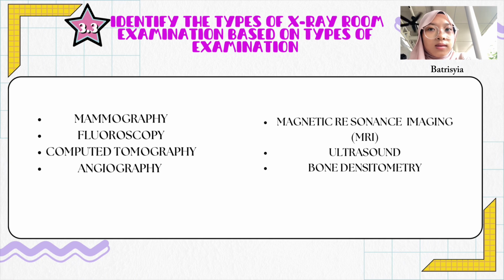Number 4 is MRI. MRI uses a powerful magnetic field to create cross-sectional images of the body, offering detailed views without radiation. Number 5 is ultrasound. Ultrasound employs high-frequency sound waves to produce images of internal tissues, making it a safe and radiation-free option, especially for pregnant women.